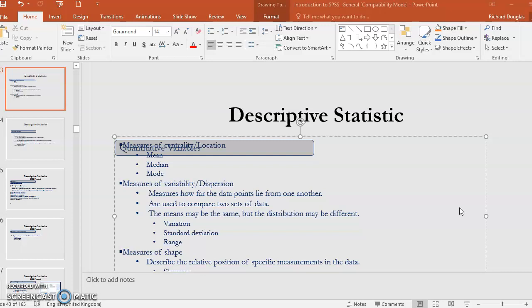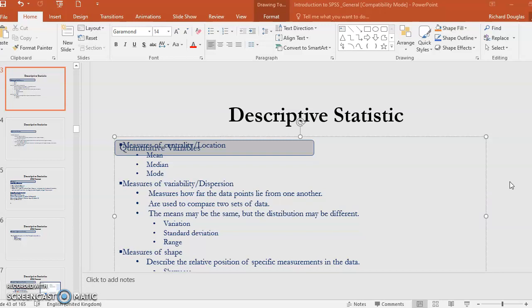Besides that, we can look at the shape of the distribution in terms of kurtosis, that is, the thickness of the tail, which helps to look for outliers.